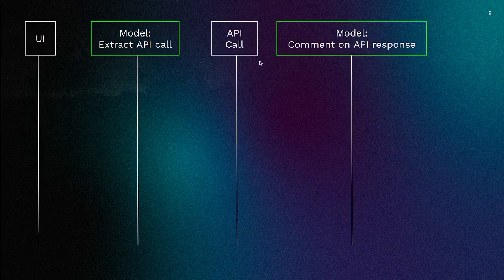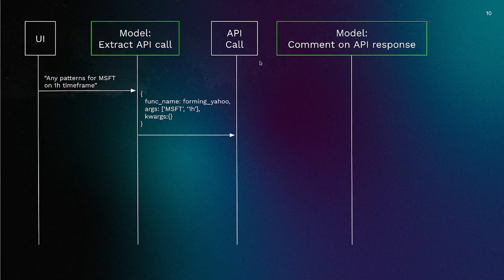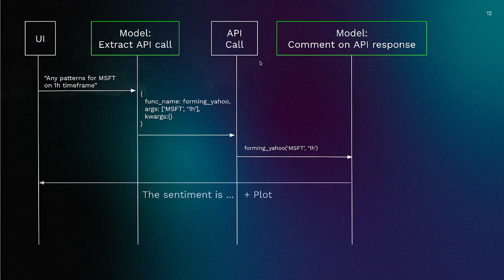But the pattern is always the same. Give English, get data that could be parsed by a machine, and instructions can be done from there. So in this case, fetching from Yahoo can be executed using these arguments. API call made, and results of the API call go back to the model with another prompt, and then the model tells you what to do, and that's it.